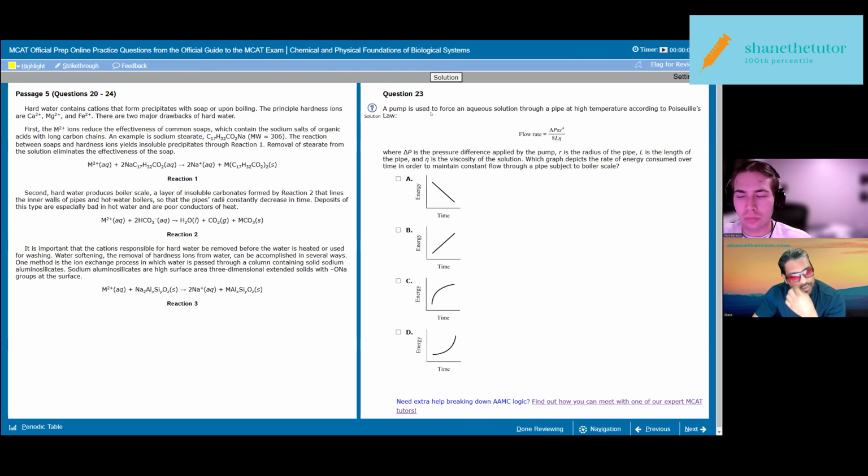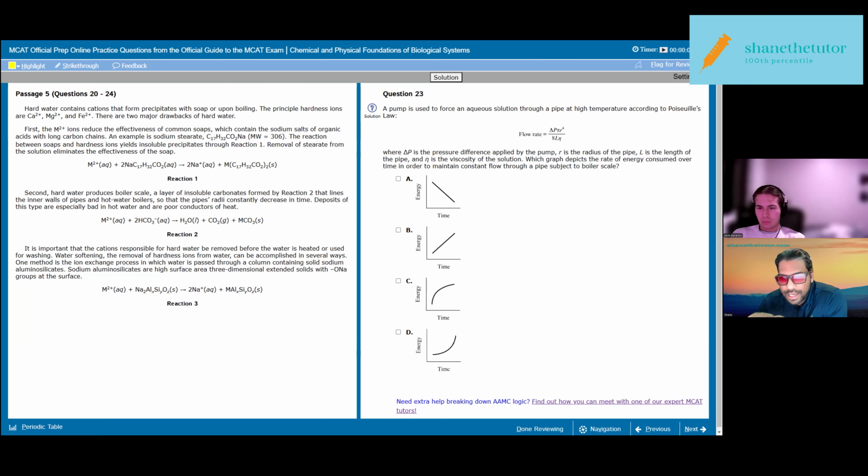Now, it's a Poiseuille's law one rather than a simple continuity equation thing, but it shouldn't be too different. A pump is used to force an aqueous solution through a pipe at high temperature. Delta P is the pressure difference applied by the pump. R is the radius of the pipe, which we know is decreasing, I think.